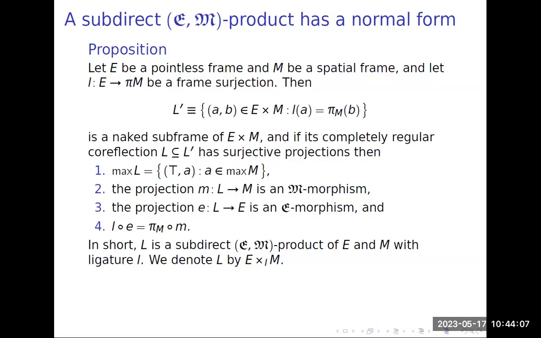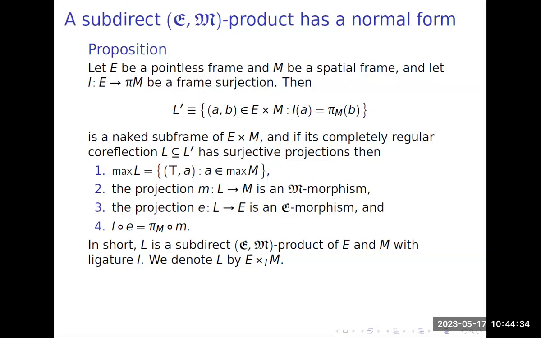That is the completely regular co-reflection of L prime. Okay? It may not be very big, but if it's big enough to have surjective projections, then I can say four things about it. Now these are all statements not about L prime, but about L, right? So it's predicated on the assumption that L is big enough to have surjective projections.